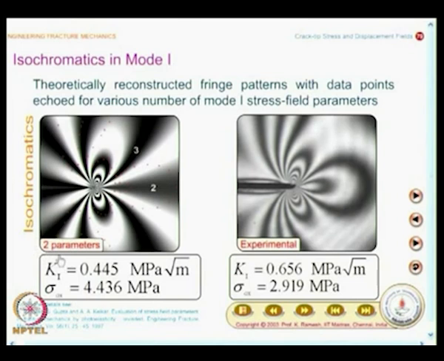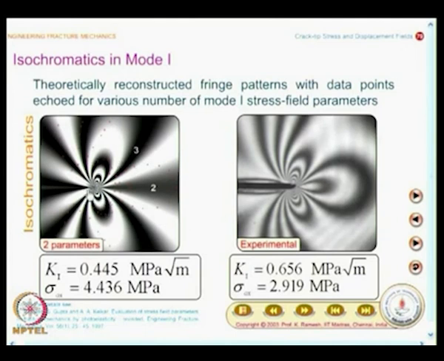Whenever you go for a 2 parameter solution, the 2 parameter solution can capture only the forward tilting of loops. It cannot capture the frontal loops that you see in an experiment, and that is what is shown in this.